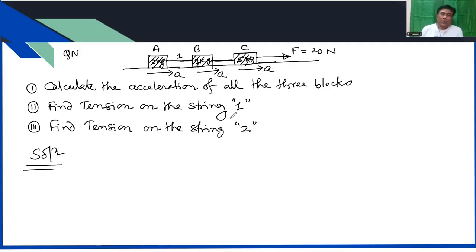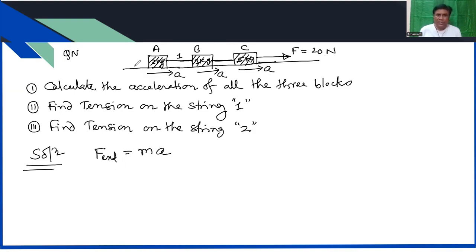So if acceleration is the same, theoretically we can take them as a single object. I am assuming this is a single object. So here I can directly apply the formula F equal to ma. F external net equals net mass into acceleration.